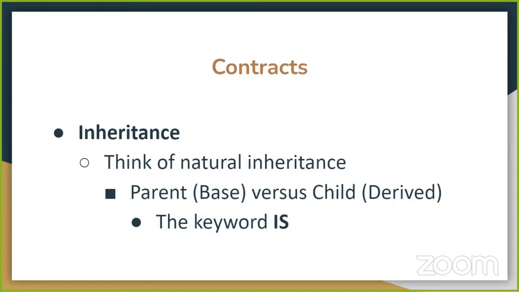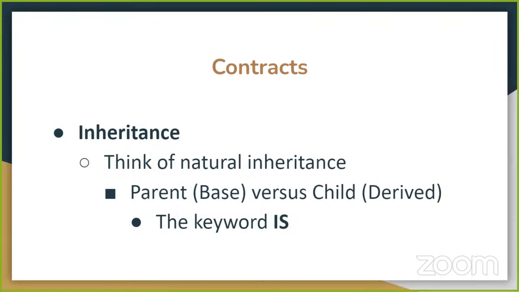And so how can we understand this inheritance? You can think of it in a normal or natural way, where we have parents and a child. The parent there is the base contract and the child is the derived one. And when talking about inheritance, we use the keyword is.